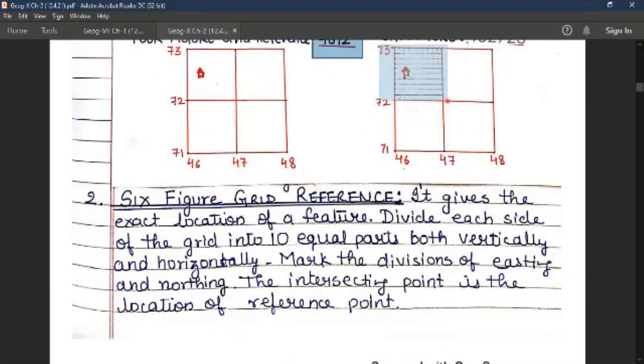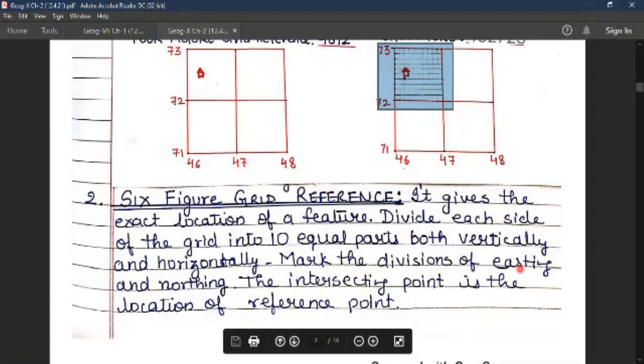Like here it is being done. This particular grid is being divided into 10 equal parts horizontally and vertically. Mark the divisions of easting and northing, and the intersecting point is the location of the reference point.